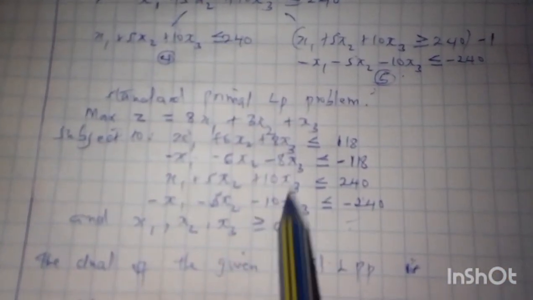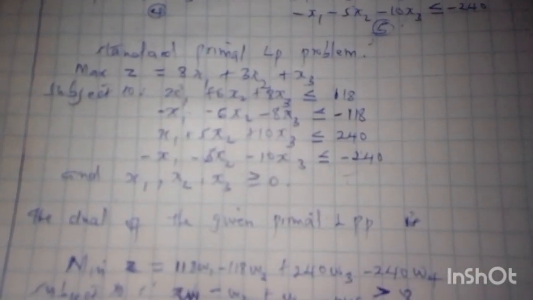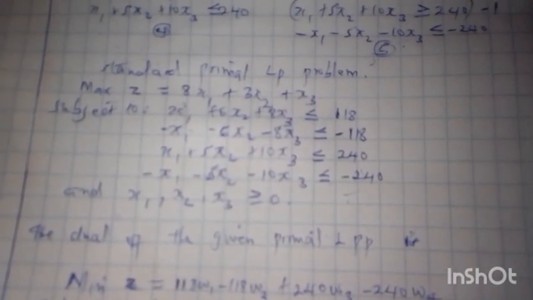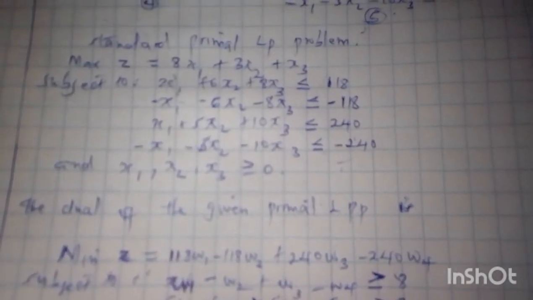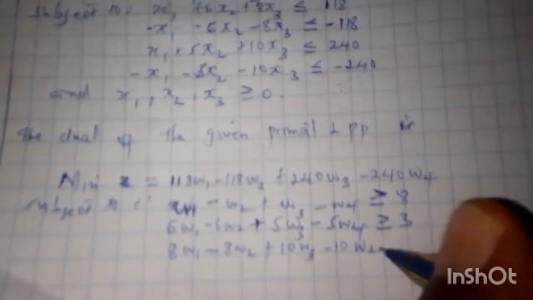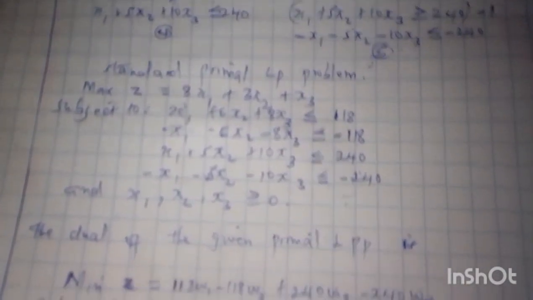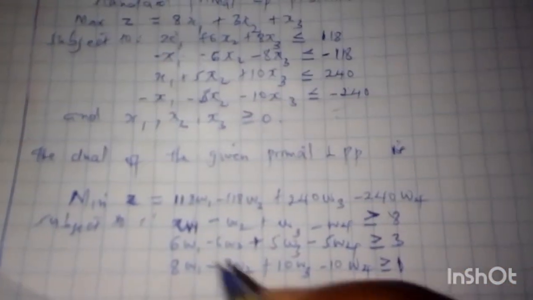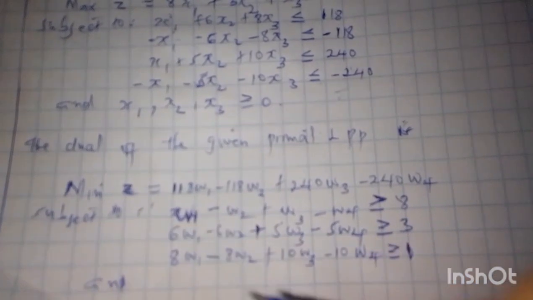Then the third column will be the third row here: 8w1 minus 8w2 plus 10w3 minus 10w4 is greater than or equals to 1, since that's x3, that's 1.